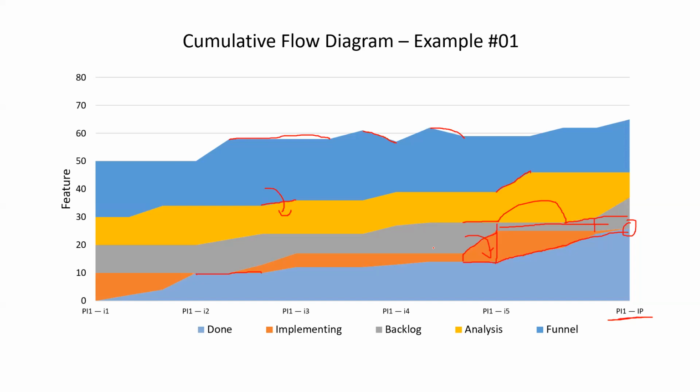But Satish, at least in a funnel it will remain flat. Yes. Okay, so let's say in a funnel we have 60 issues, right? And we moved a few issues to analysis. So from 60, let's say if you're moving 10 issues to analysis, in that case the funnel line will be straight only. See, the funnel line is straight.